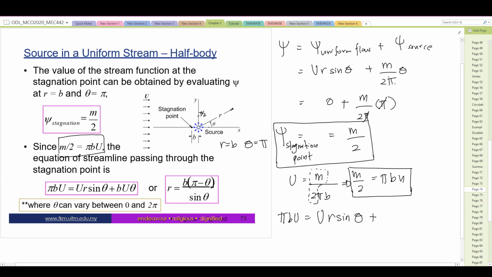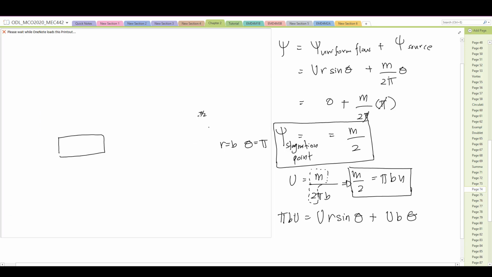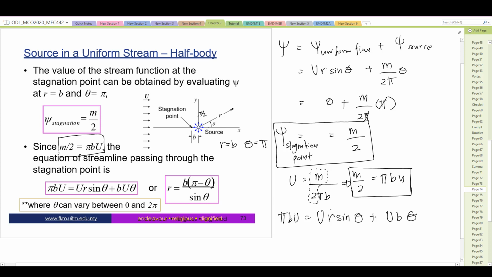So m over 2 pi equals U b theta. Then we can cancel out U because we have U in all terms.